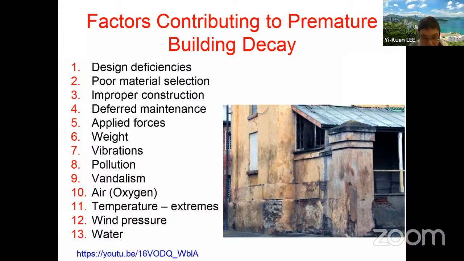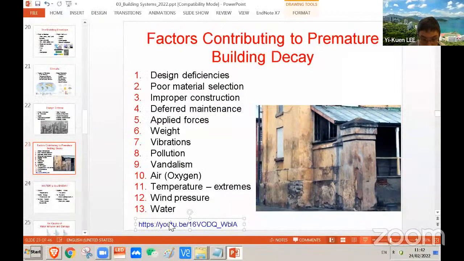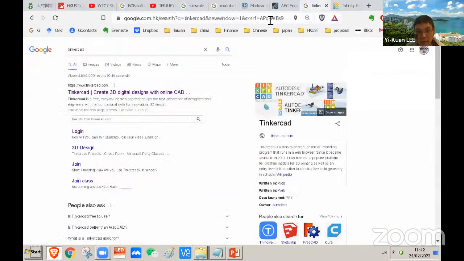Once you finish building, after a certain period of time you still have to do some maintenance for sure. There is no doubt at all. Otherwise, the building can cause some big trouble. So maybe we should also look at this video to understand this.